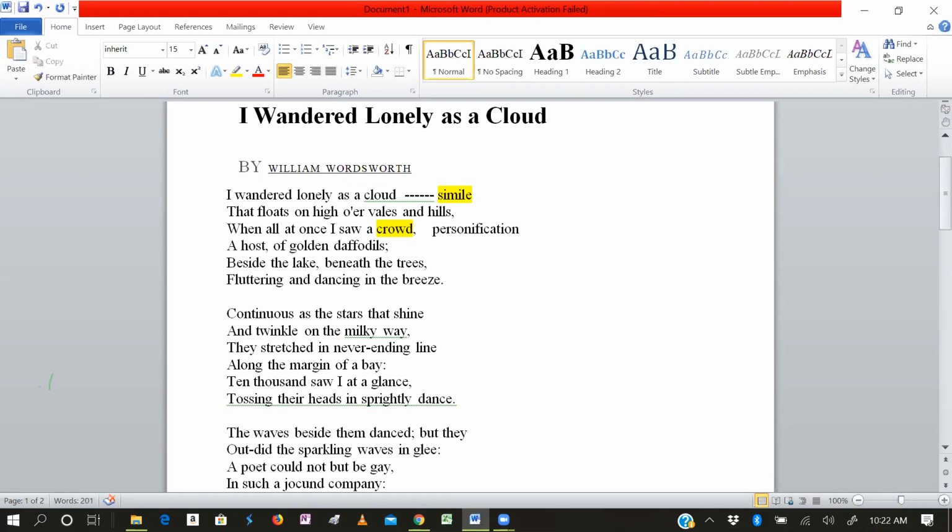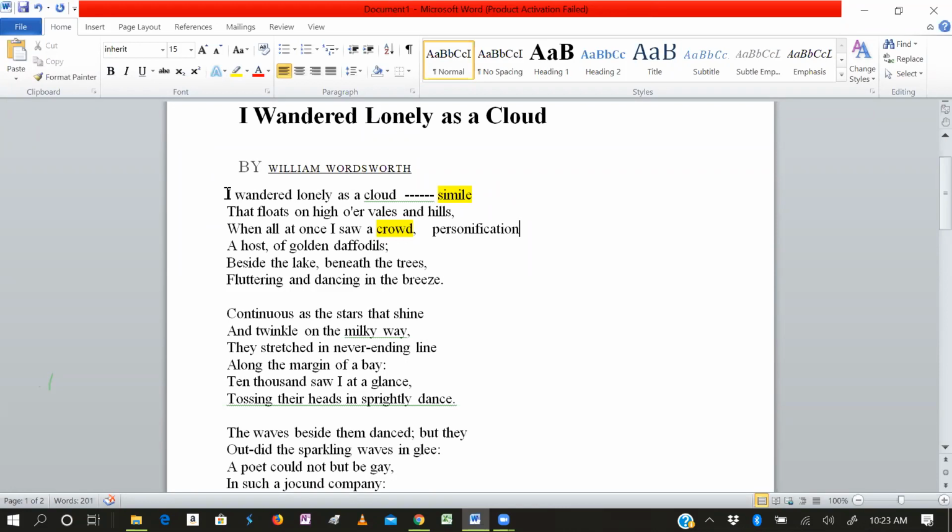They were having a dance, flapping wings. Fluttering means flapping wings. A crowd, a great number. So we have done the paraphrasing of the first stanza. So you have got what the poet is trying to depict, the picture of nature.